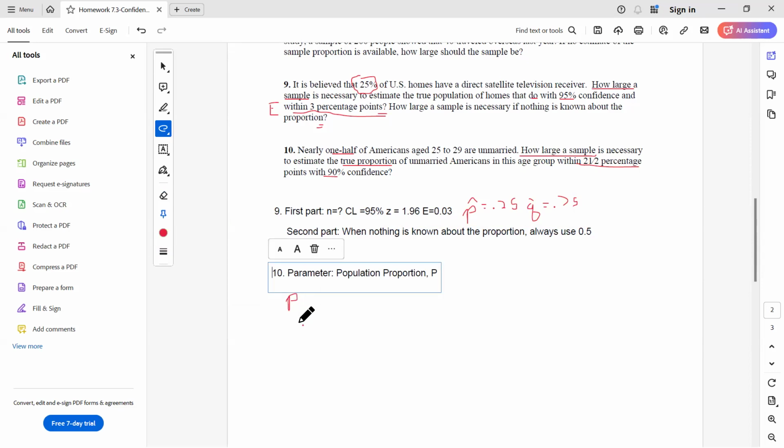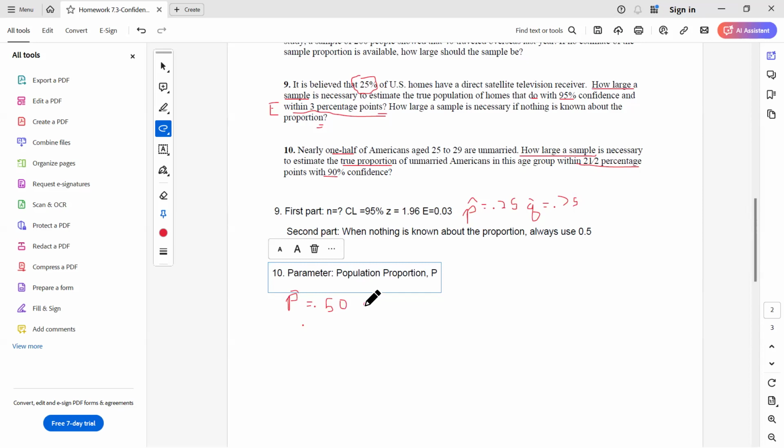So my P hat is going to be one half, which you can use the fraction and divide it, but you want the decimal portion. So this is 0.5. Q hat, as we've seen, is the complement.